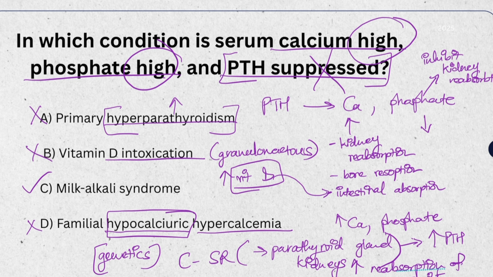Low urine calcium, which is a key distinguishing feature for option D. Also, in this case, the phosphate levels are usually normal. So why does option D fail? Because, like I said, the parathyroid hormone is not suppressed in this case. It is usually slightly or mildly elevated.